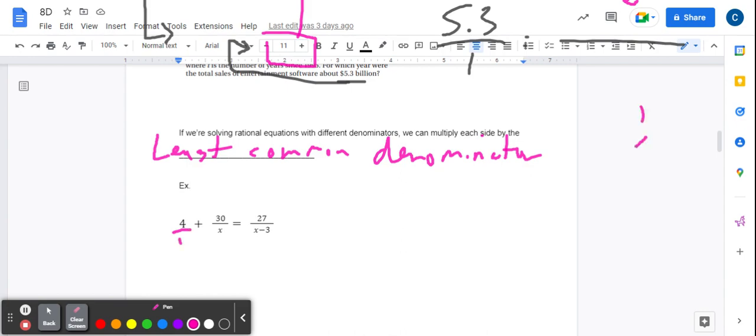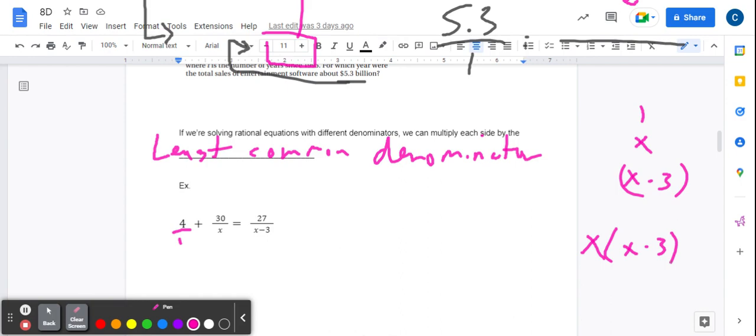So the least common denominator, looking at the highest factors of those, is 1 of each. So it would be just x times x minus 3. Okay, so we can multiply x and x minus 3 and distribute it through both sides.